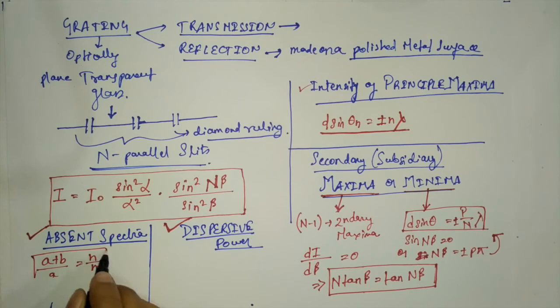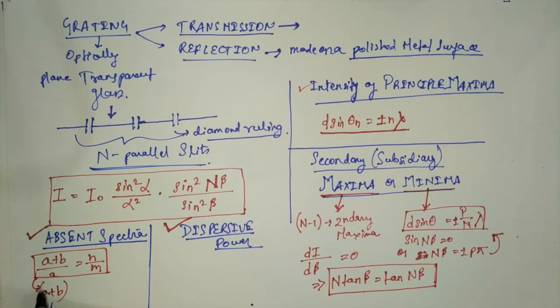This condition we have reached from (a+b) sin θn = nλ, and we can write a sin θn = mλ. The derivation is not required. Just remember these three formulas.